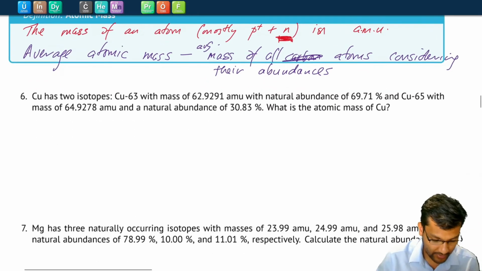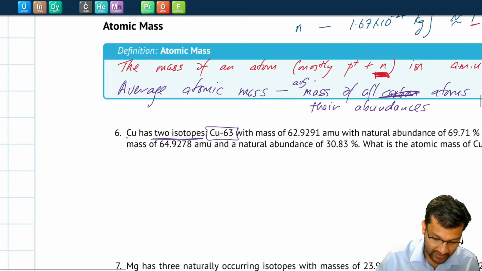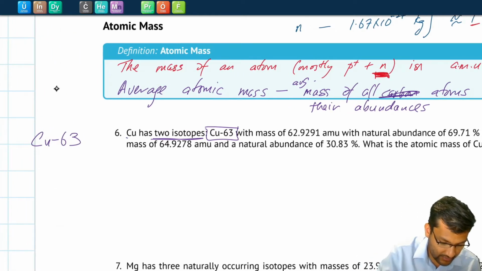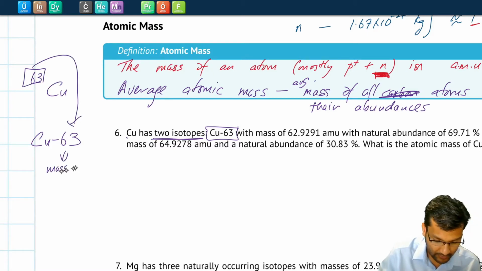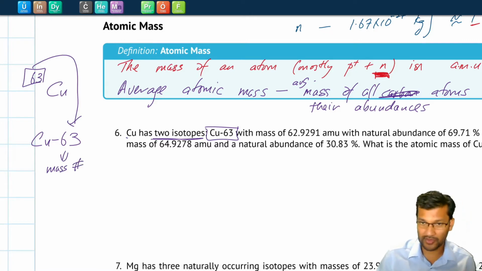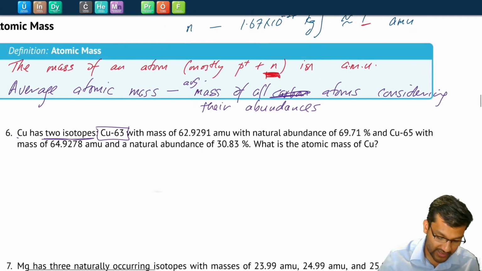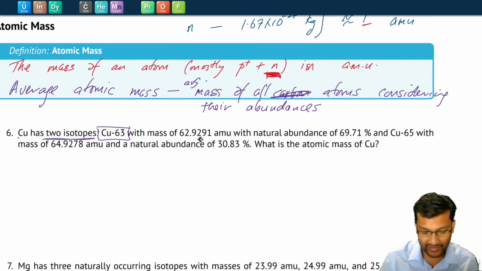So let's look at copper. Copper has two isotopes. Copper-63, and before I continue with the question, copper-63 is just another way of writing copper 63, where the 63 is the mass number, the number of protons plus number of neutrons. It's just easier to write in a sentence with the dash. So copper-63 has a mass of 62.9291.